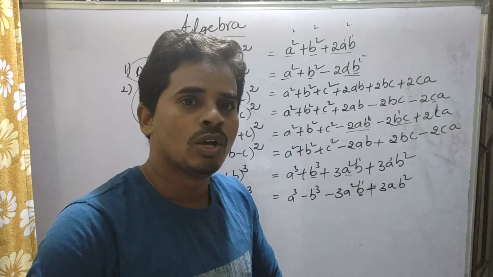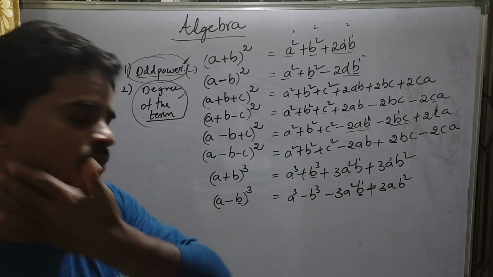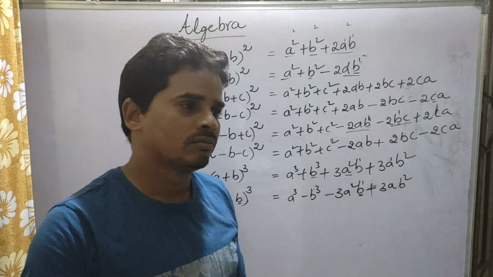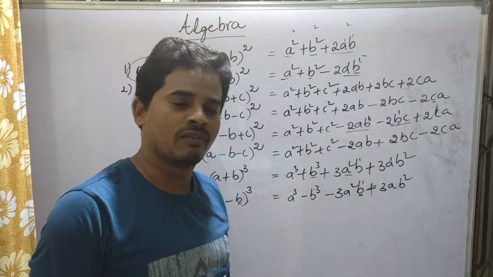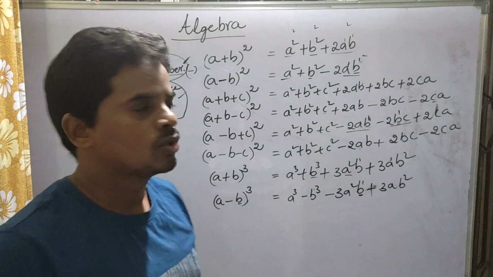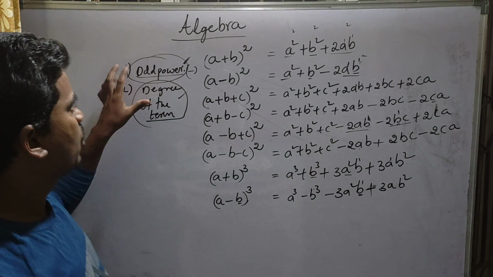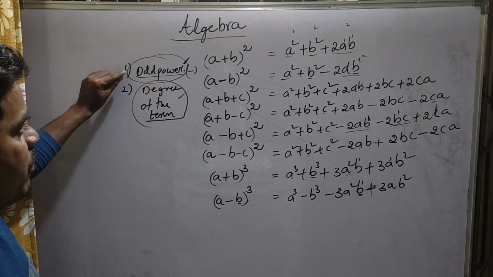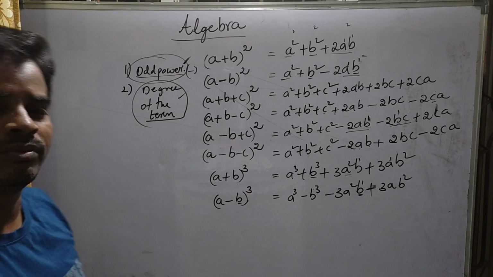Okay students, this is the way. Some more formulas are there in algebra, and next time I will make another video to remember them. These formulas follow these two rules only: the odd power, and also the degree of the term.